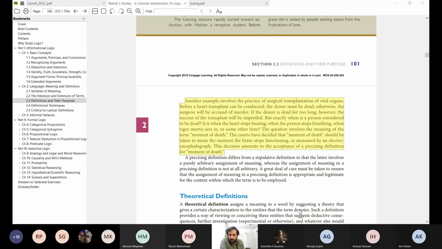But there may be other contexts in which we would want to give another precising definition of moment of death. Can you think of examples of that? Can you think of a context where, in other words, you wouldn't want to use this definition as the definition for the moment of death?